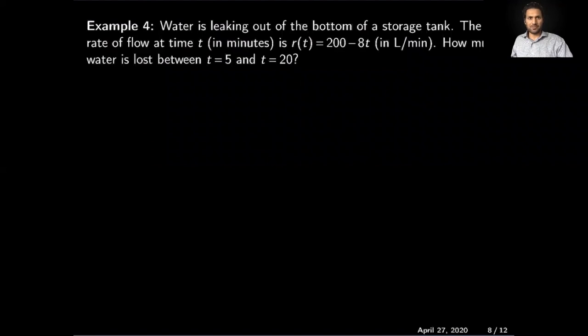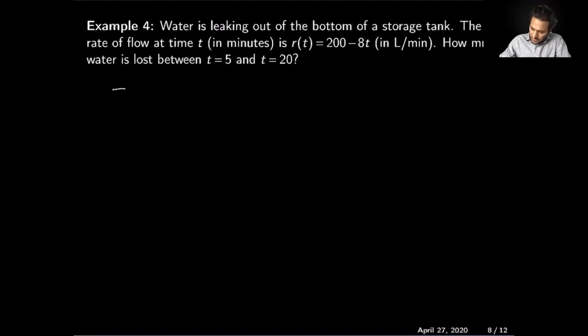So my next problem is a word problem. Water is leaking out of the bottom of a storage tank. The rate of flow of the water is R of t, and how much water is lost from time t equals 5 to time t equals 20? The total loss of water will be calculated by the integration of the rate of change.